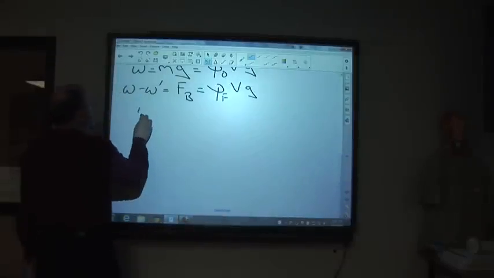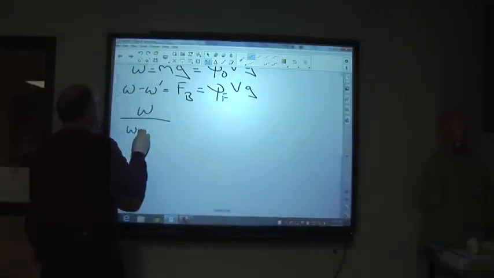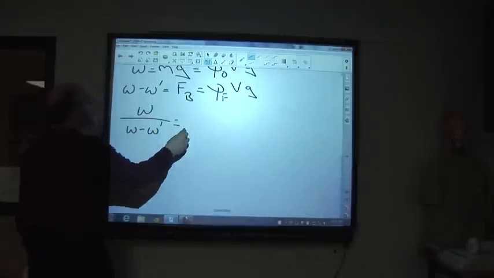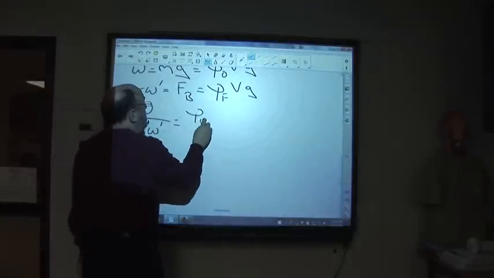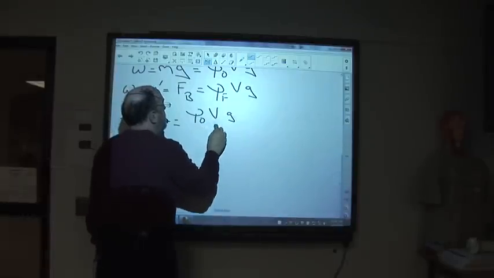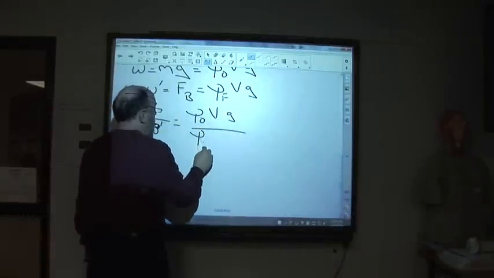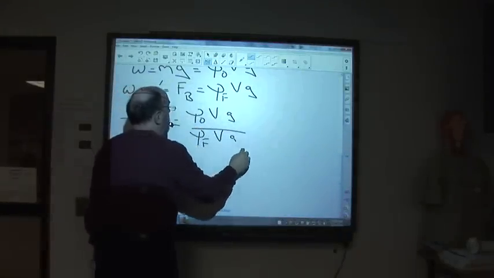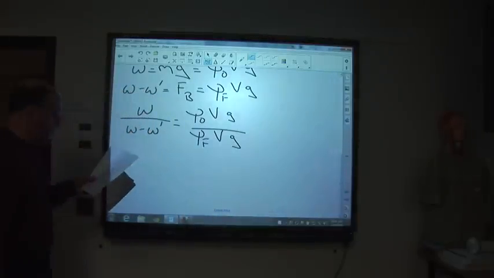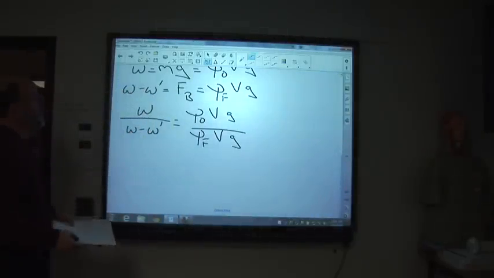And so the weight over the difference of the weights between water and air is going to be given by the density of the object times V times G, over the density of the fluid times V times G. Well, the volumes here are the same, and so V here will go away.